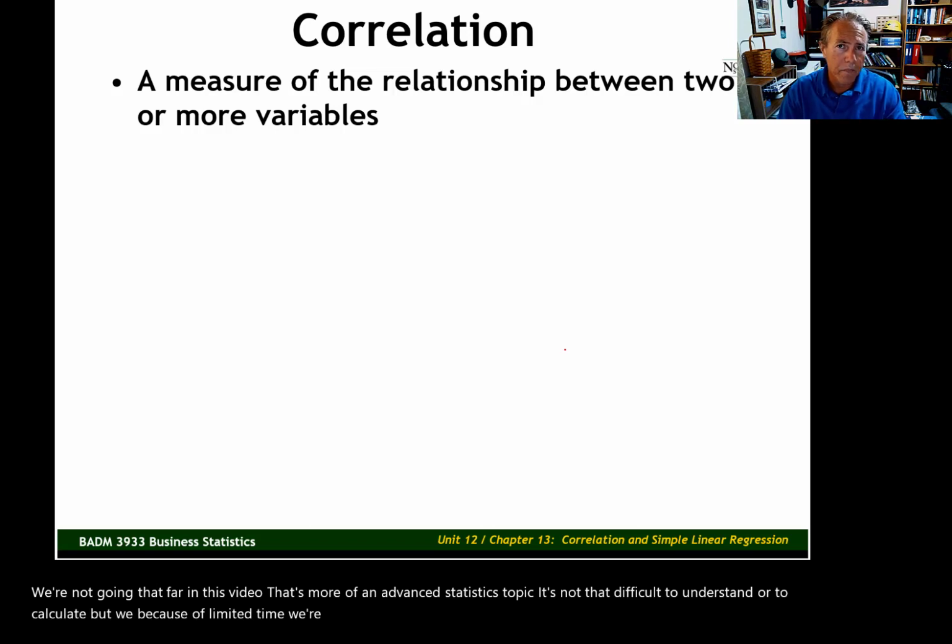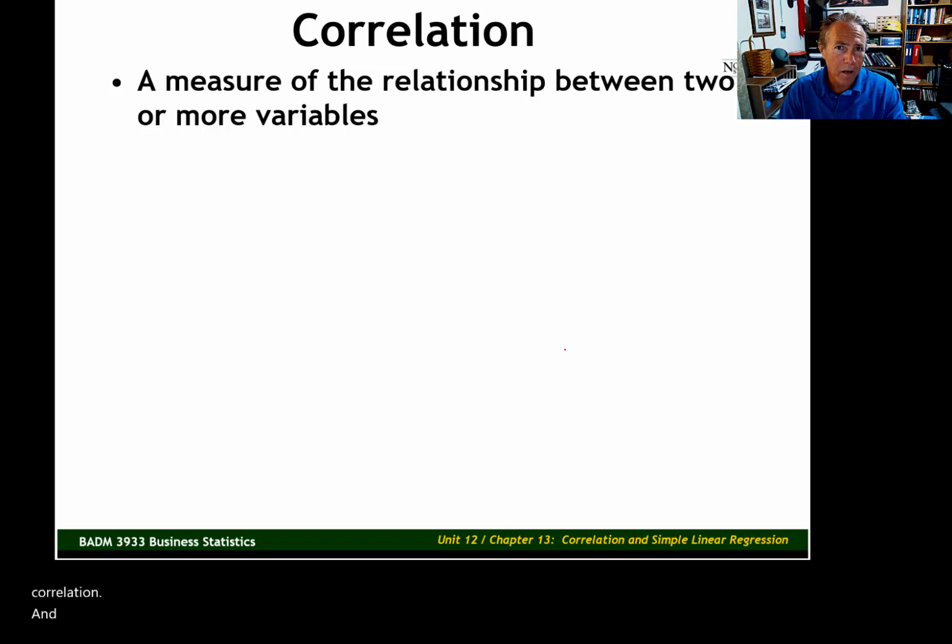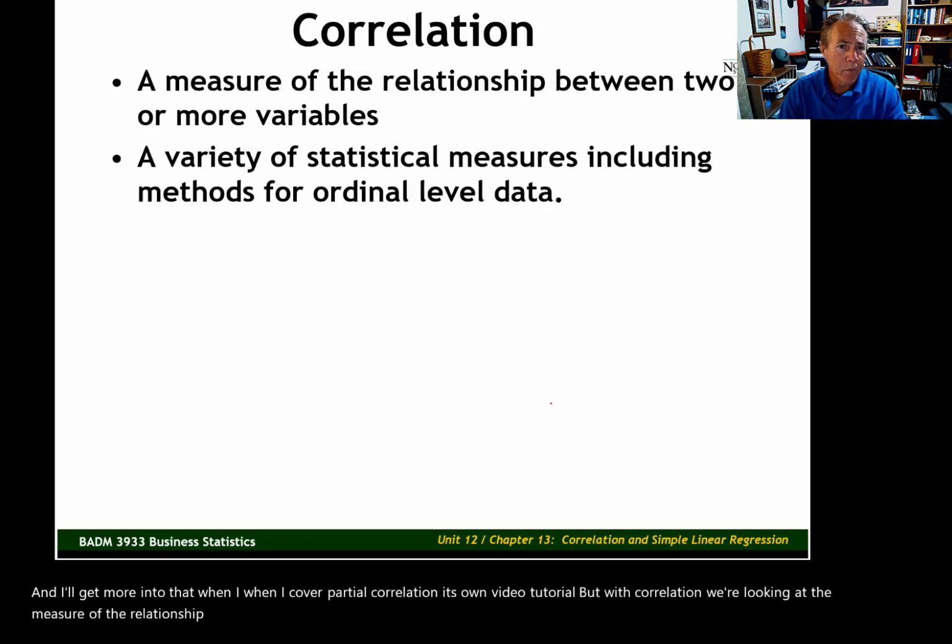We're going to stop with what we call a first order partial correlation, and I'll get more into that when I cover partial correlation in its own video tutorial. But with correlation, we're looking at the measure of the relationship between two or more variables. I've already alluded to this.